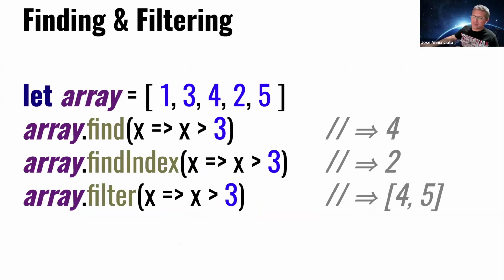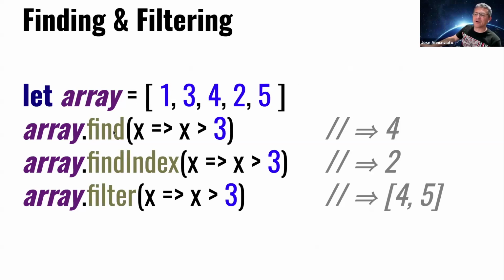So here's another one. Find index is very similar to find, but whereas find returns the actual item that it found, find index returns the location where it's found. So let's take a look at this. So we have find. Find, again, all these iterate over the original array, 1, 3, 4, 2, 5.